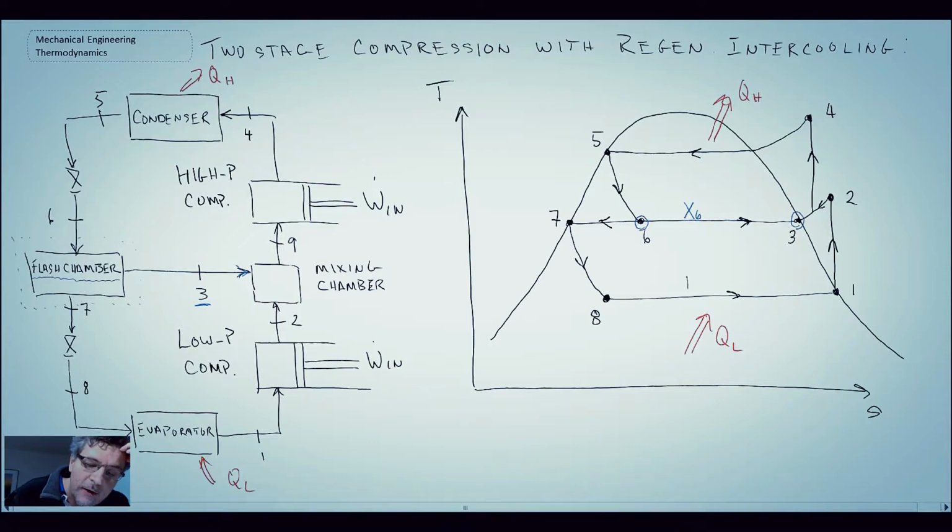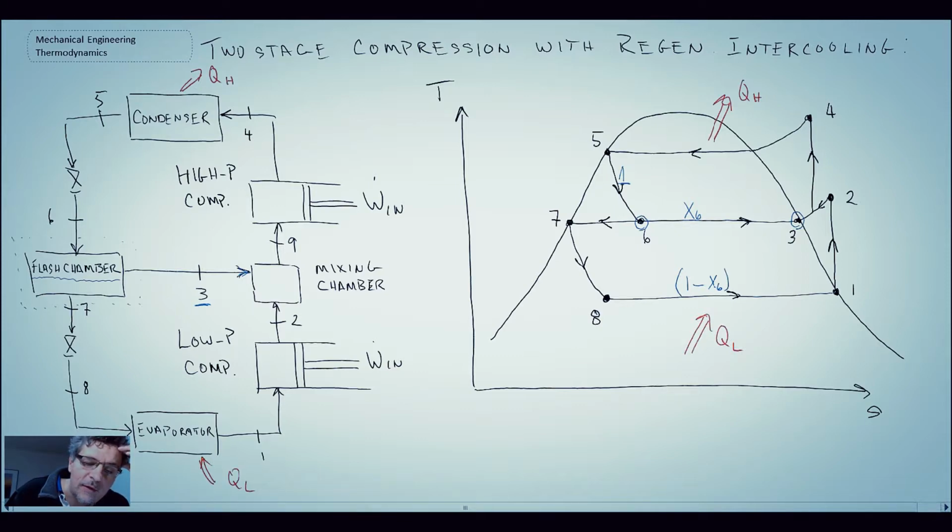So the percentage of fluid going through the evaporator at the bottom of the cycle is 1 minus x6. And so we break the fluid in two. We have 100% of the fluid coming through here, and once we get to 6, we take x6 off, and that goes to 3, and then 1 minus x6 goes to 7. And that is one of the different components.